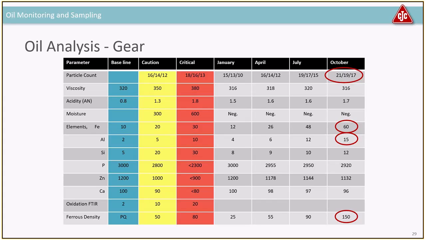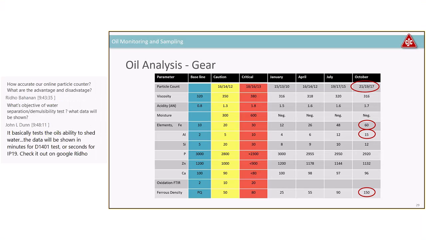If they had an online particle counter that looked at both ISO codes and maybe even the wear debris, you would see there's a crazy amount of wear debris. This was actually because the gearbox and the motor were lined up wrong. So you're pushing very hard on some edges of the gearbox, and of course you wear your teeth because they're not getting an even load.